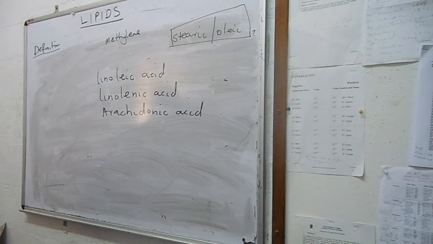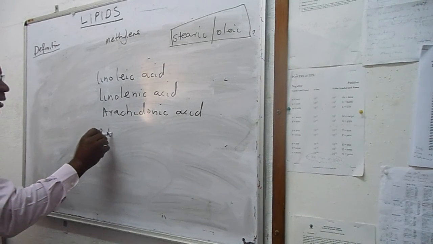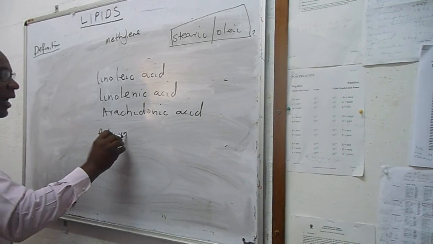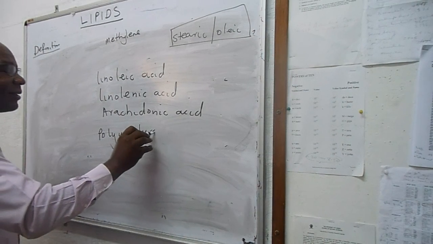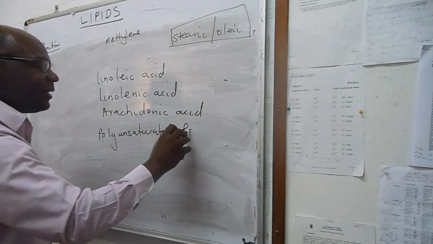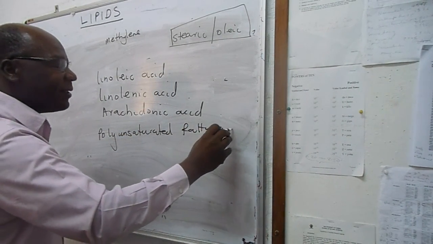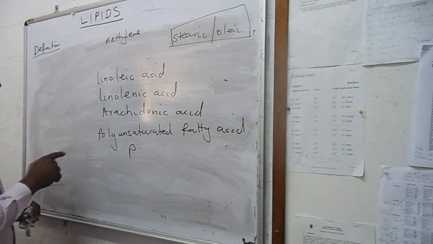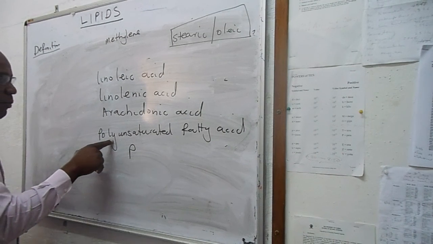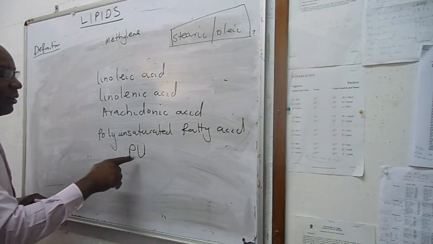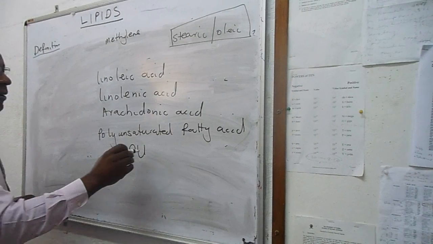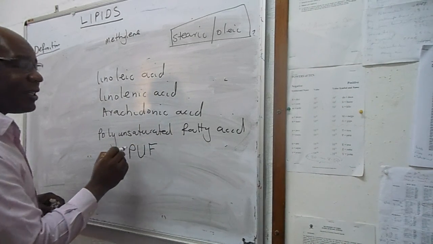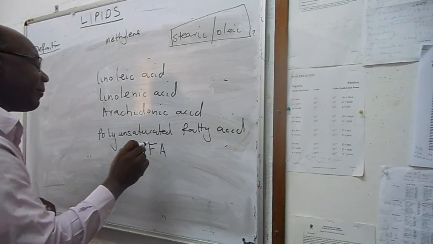So we say they are polyunsaturated fatty acids. They are, in short, P for poly, U for unsaturated, F for fatty, and A for acid.